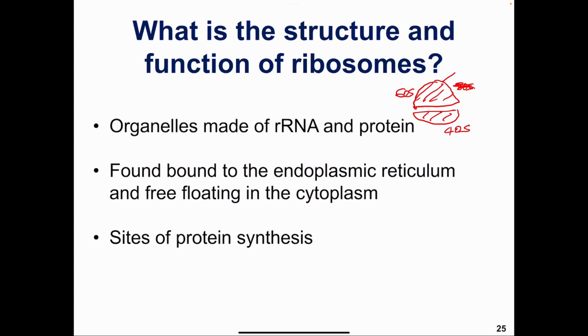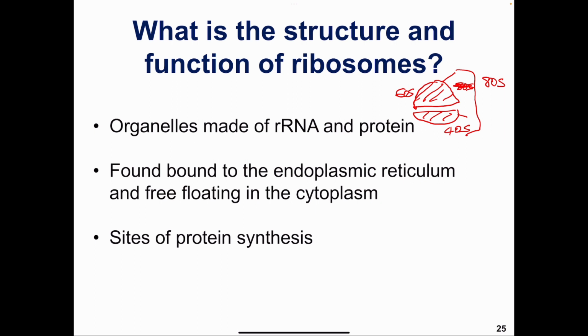This is the large subunit. This is the small subunit. Together, large subunit and small subunit are called an 80S ribosome.